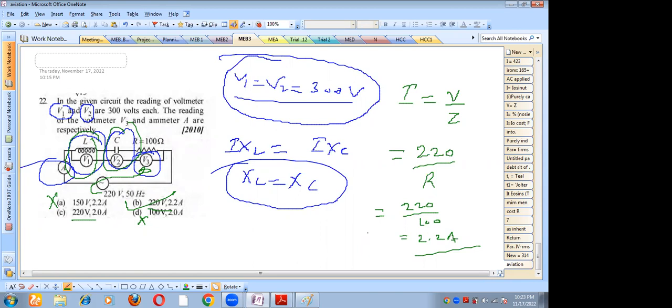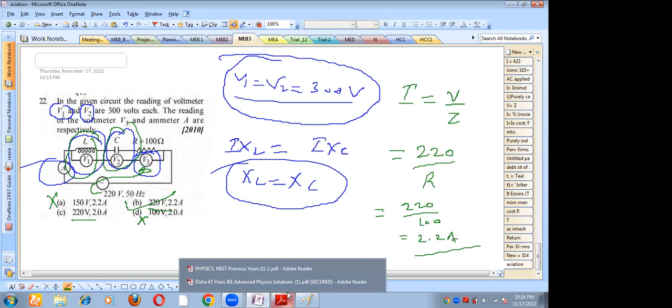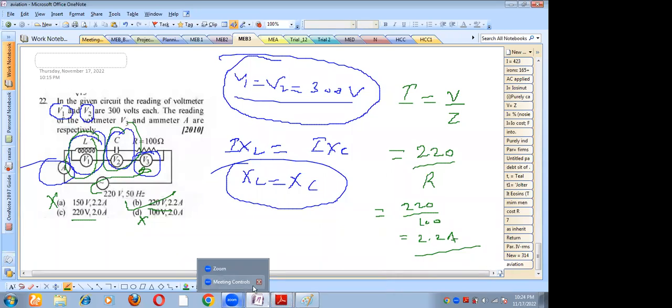Whenever you get an LCR circuit, there is an 80% chance the circuit will be in resonance. You have to identify it. Otherwise, an LCR circuit becomes very complicated and calculation-heavy. If you have seen the previous question, that was also an LCR circuit, right? That was very calculation-heavy.